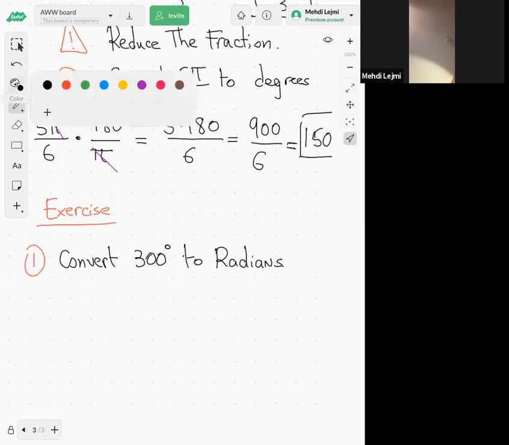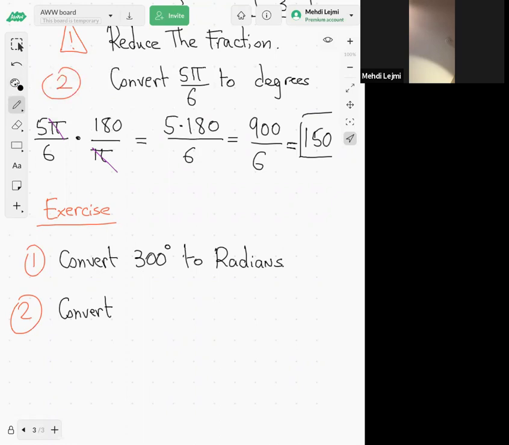Then you want to convert 17 pi over 4 to degrees. Okay, guys, so you have a couple of minutes to convert those angles.